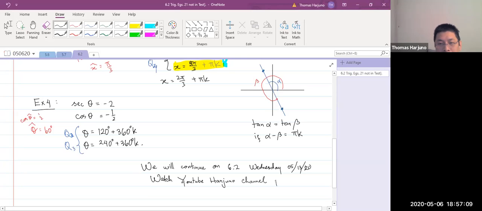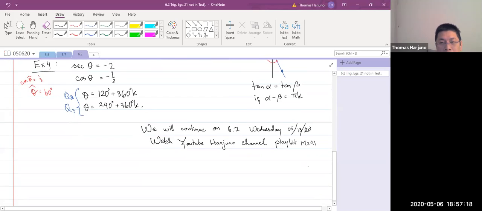The playlist is on Math 241 Trigonometry, Math 241 Waterslide College, on section at least 6.1, but you will see that 6.3 is actually quite easy to follow.